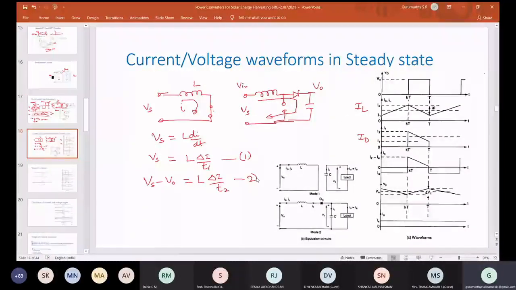Now the delta I is the same in a steady state. Whatever amount the current rises, the same amount the current falls. So both of these are the same. Now you substitute this delta I into this equation, and then you will get a transfer function something like this.